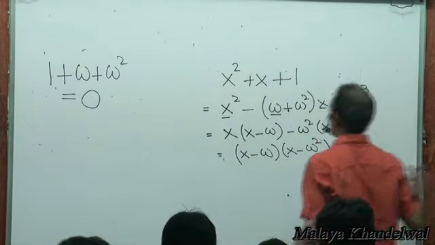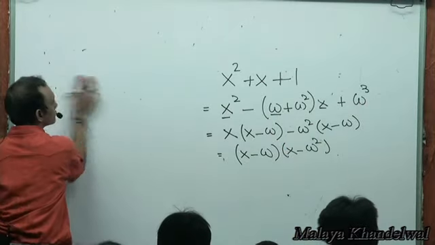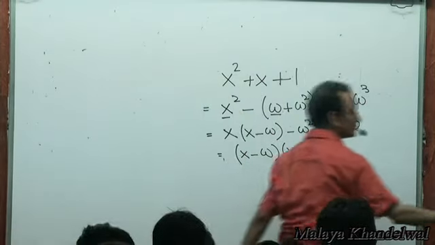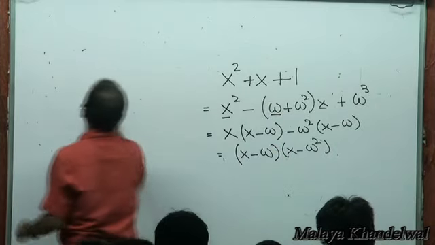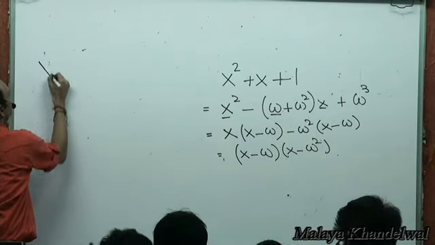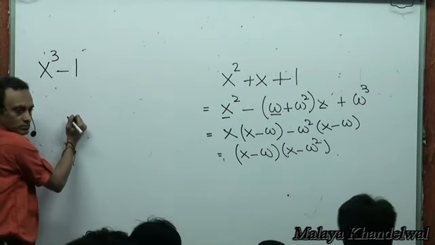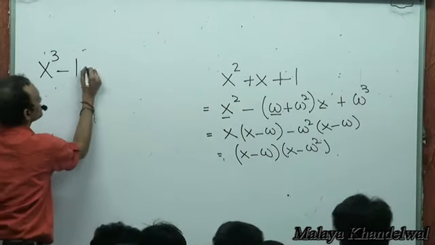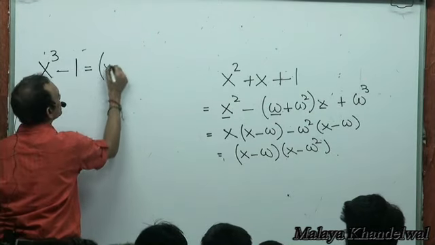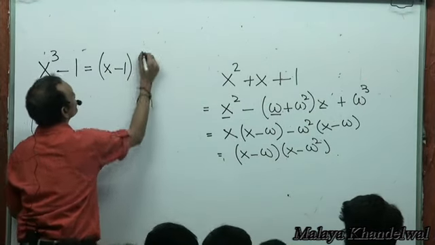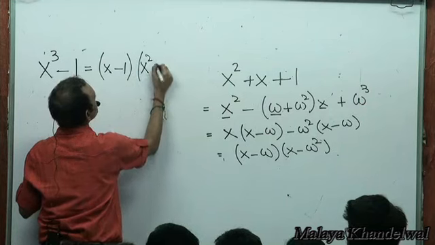Which means if I had, say, x cube minus 1 as an expression, I could have written this expression as x minus 1 into x squared plus x plus 1.